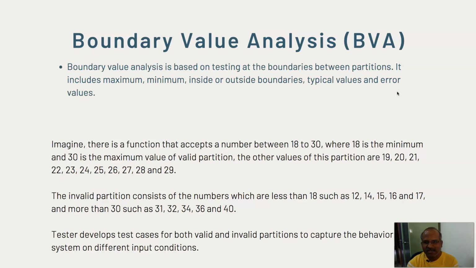Let's see an example. Suppose there is a function that accepts a number between 18 to 30, where 18 is the minimum and 30 is the maximum value of the valid partition.